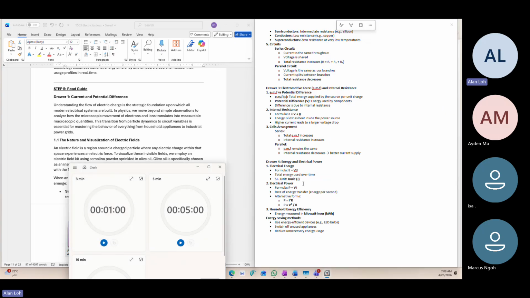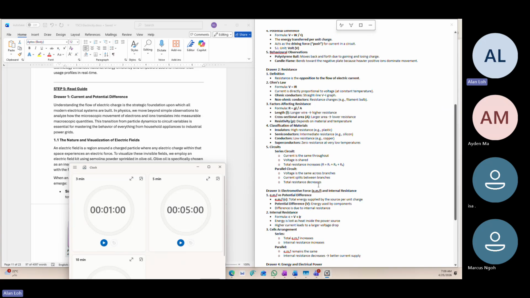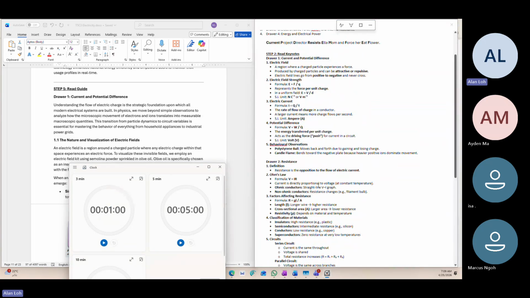Okay, time's up. Right. To the very least, you should know there are 4 drawers. Point number 2 is you should know the names of the drawers in sequence, not jumbled up. And then you also know roughly what is in drawer 1. There are 5 key points related to the current, the potential difference, the field.